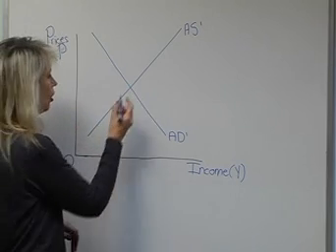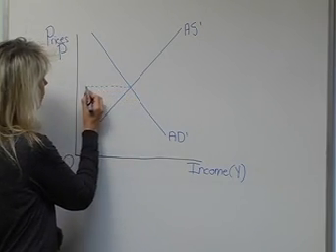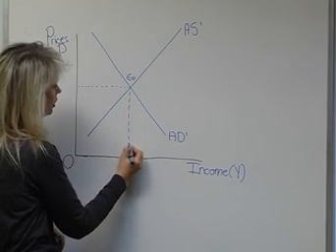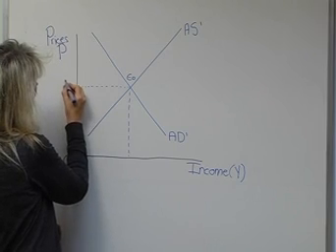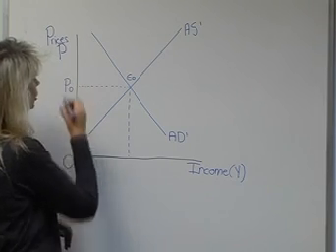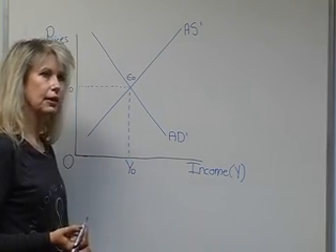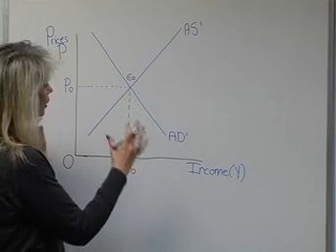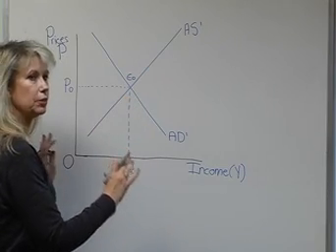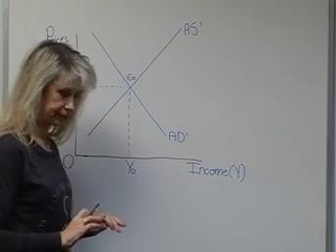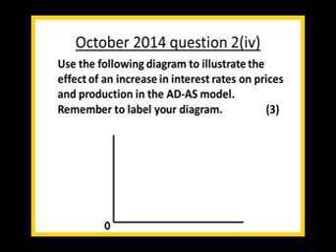And where these two cross, we indicate that is the equilibrium position, and that indicates our original price level and our original income level. Right, so now we've shown what the aggregate demand, aggregate supply model looks like, and that will be your first mark.